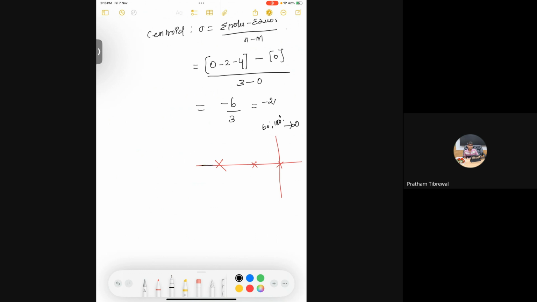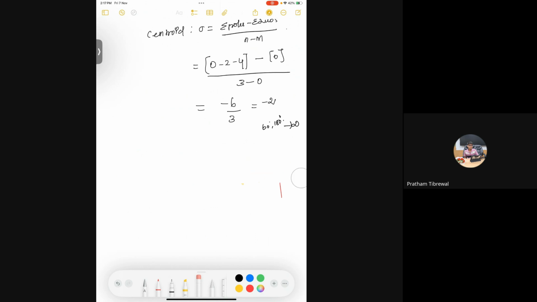So 180 degrees, something like this, 60 degrees will be like this, and 300 must be around here, like 360 degrees. So these are the three directions it is going to go. But we don't know whether it will go from the real axis to the complex plane, or cross the complex plane and go to the imaginary axis. We don't know any of this.